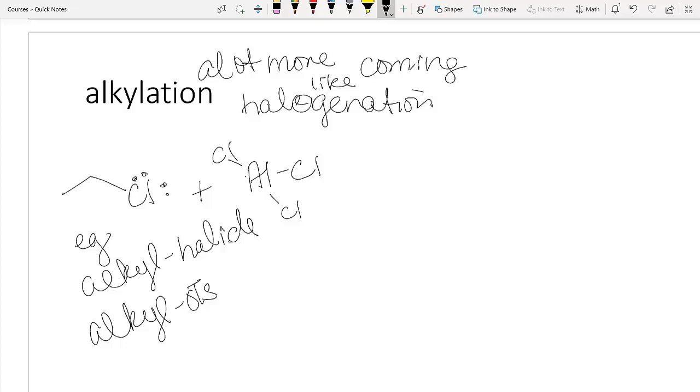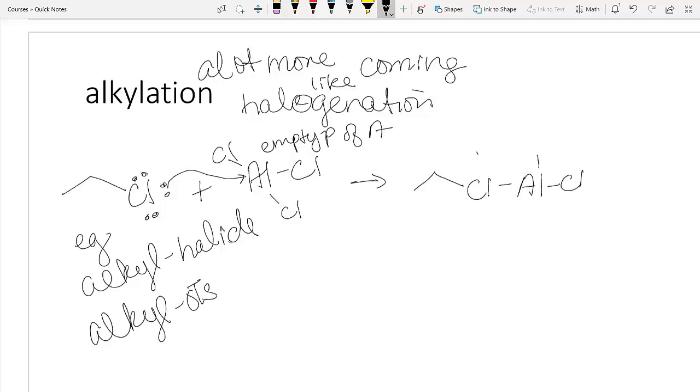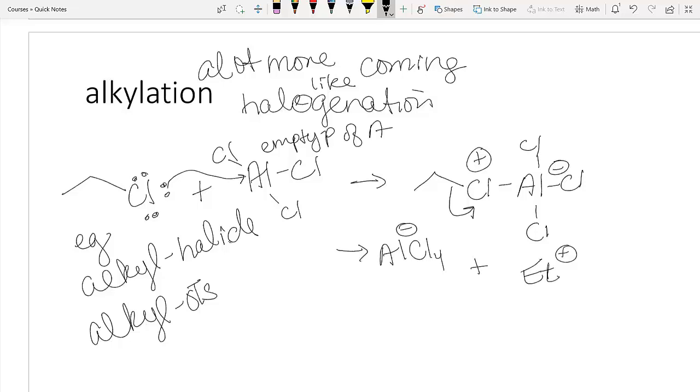One of the lone pairs on the chlorine attacks the empty p orbital of the aluminum. We get this complex, which is highly unstable, and so this molecule will break apart to give us aluminum with the four chlorines on there, plus in this case the ethyl cation.